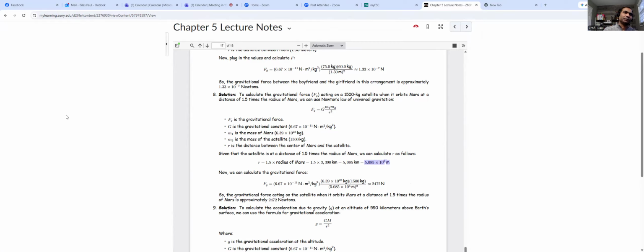Now let's plug these values into our equation. Fg equals 6.67 times 10 to the power minus 11. M1 is the mass of Mars, 6.39 times 10 to the power 23 kilogram, times the mass of the satellite, 1500 kilogram. These three numbers will be on top, and the denominator will be these.